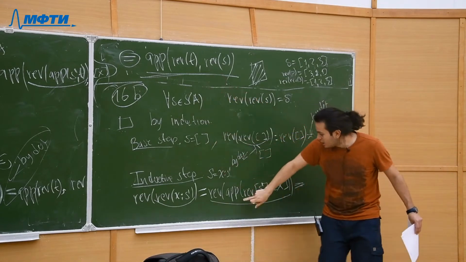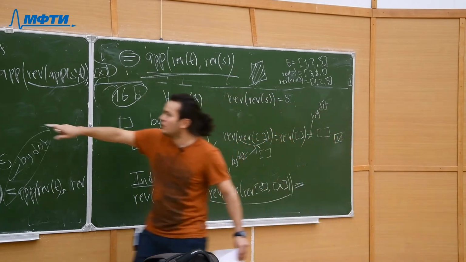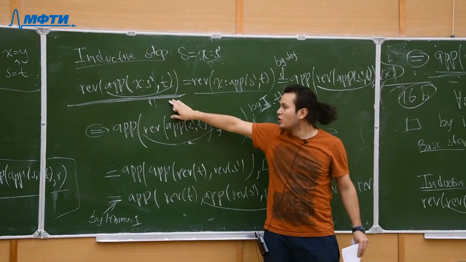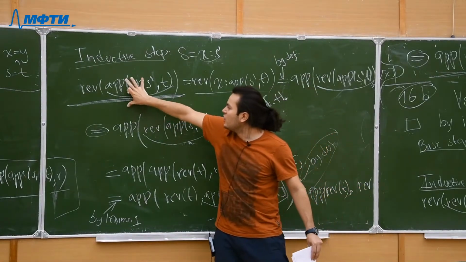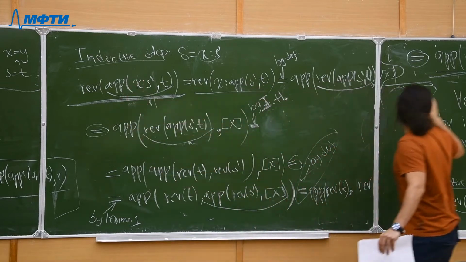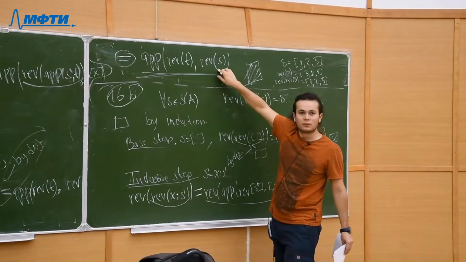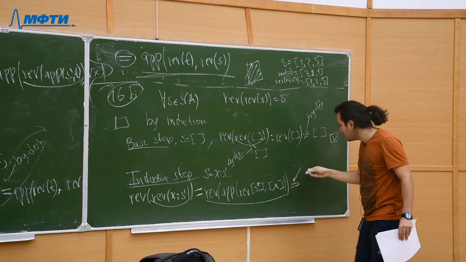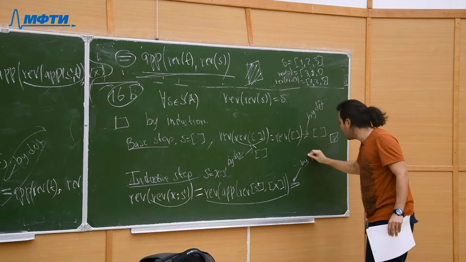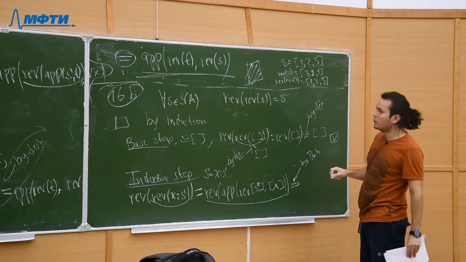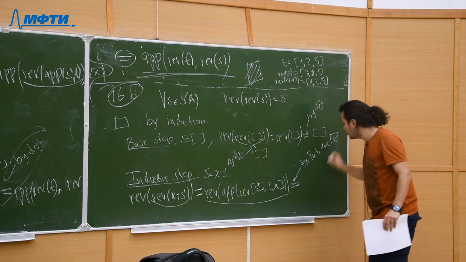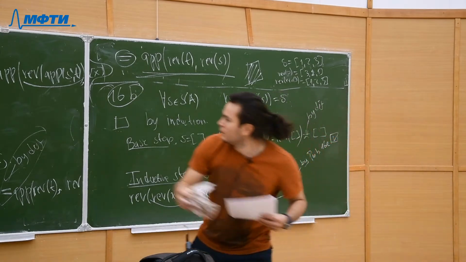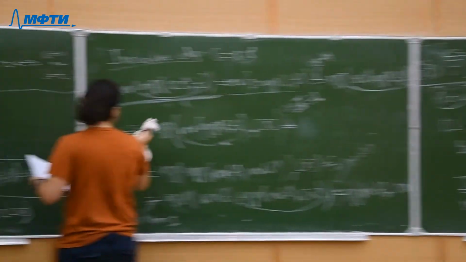So look, this is the same as this. This is from the last exercise. In the last exercise, we proved that this is equal to this. Now we can apply this here. So we can apply and we say by problem 16a, this will be equal to, so let's erase this.